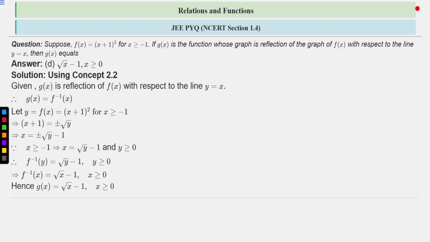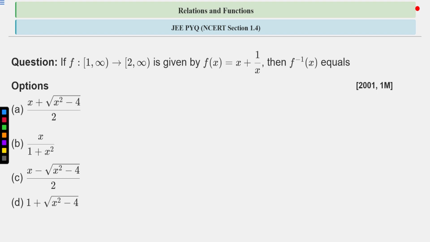Hence, g(x) is equal to root x minus 1 when x is greater than or equal to 0. Got it? Clear? So, let us move to the next question.